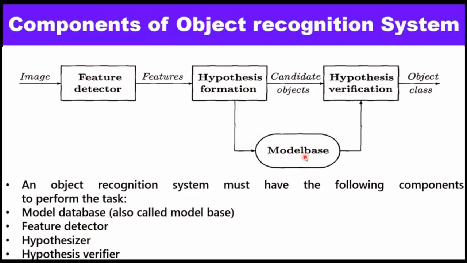Now a bolt arrives on the conveyor belt. The image is captured by the camera, pre-processed, normalized, and now given to the feature detector.